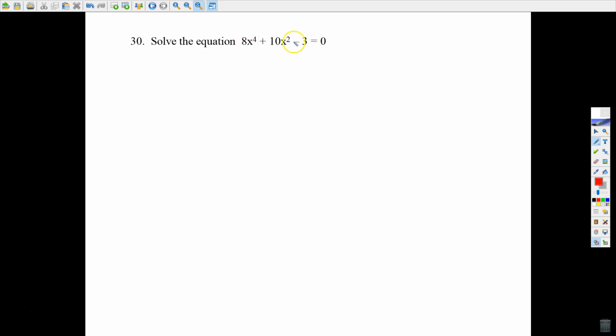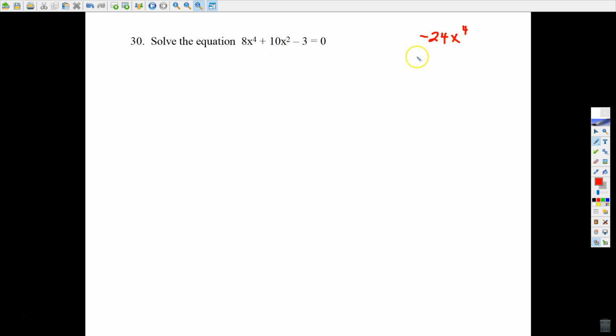To know whether or not this can be factored, you can multiply these terms on the end. 8x to the 4th times negative 3, that's negative 24x to the 4th, and then just see if there are factors of negative 24x to the 4th that would add up to 10x squared. And there are a pair of factors that would make that possible.